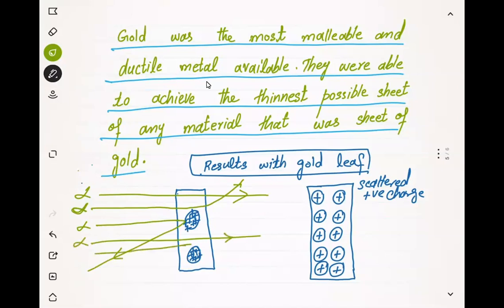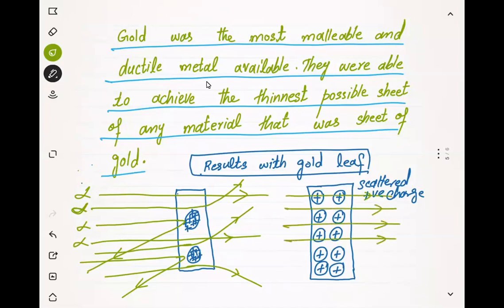A particle passing through this point will go upwards. A particle colliding head on will go backwards. And this particle will go down. So basically, if we have concentrated positive charge with gold leaf, then alpha particles would have deflections. With this, the result would be straight passing. Alpha particle will pass straight. So a scattered charge in a gold leaf will not deflect any alpha particle.